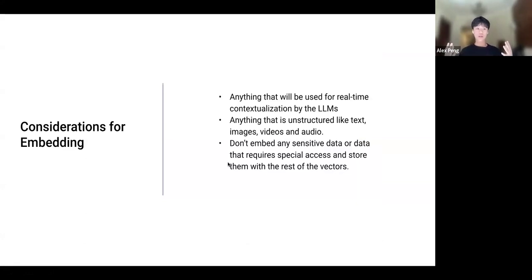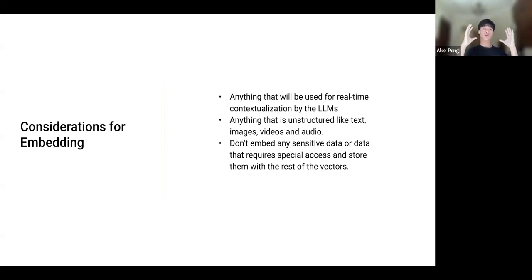So some considerations for embedding, just really quickly. Embedding is really going to be useful in cases where we're considering unstructured information: text, images, videos, audio. You're going to want to be careful, especially about embedding information that requires special access or sensitive data, because when we embed information and put it into a vector database, when we search over that vector database, we're performing a similarity search across the entirety of the vector database.